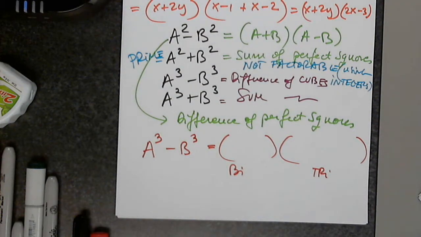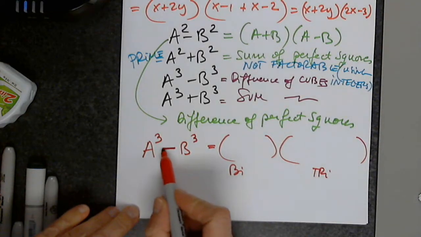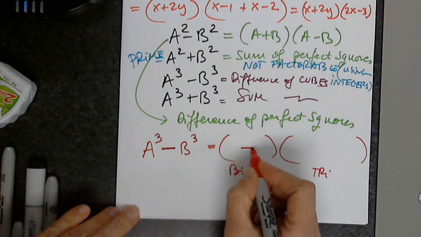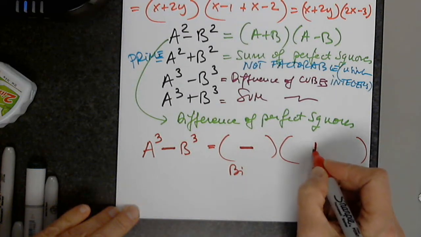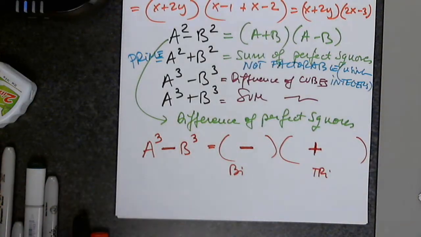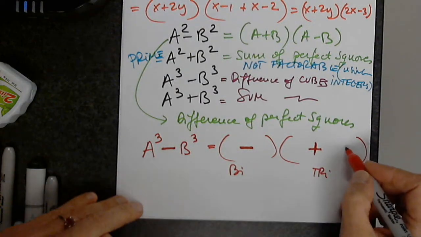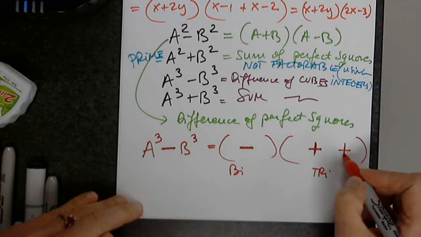Let's address the sequence of signs first. If I factor the difference, then the binomial has to have the difference, but the trinomial will have the sum. Of course, the last one is always positive. That's why I don't even mention it.